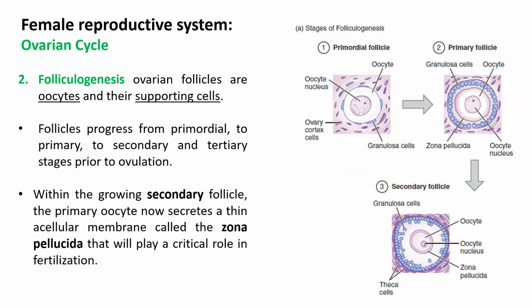That was oogenesis. Now let's look at folliculogenesis. Folliculogenesis has to do with the cells, the growth around the secondary oocytes that we talked about.